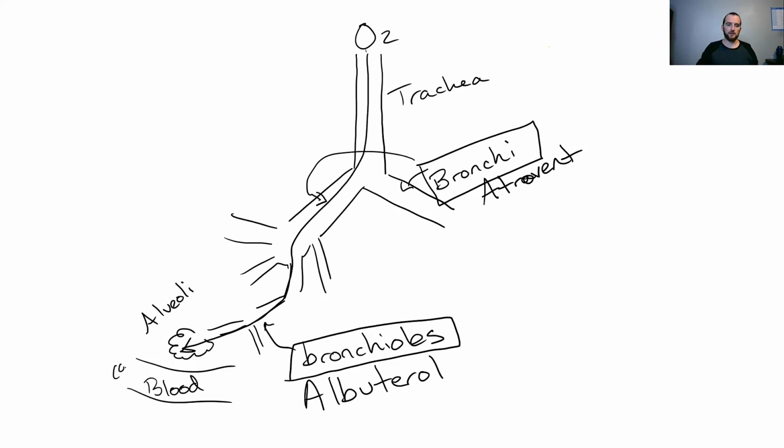And the carbon dioxide in the bloodstream is going to diffuse back into the alveoli, and we want to get the carbon dioxide out of the body. So by having bigger pipes, there's going to be less resistance. With bigger pipes, it's easier to move that airflow back and forth, in and out. So that's the benefit of bronchodilation: opening everything up. Bigger pipes make it easier for all that air to move in and out.